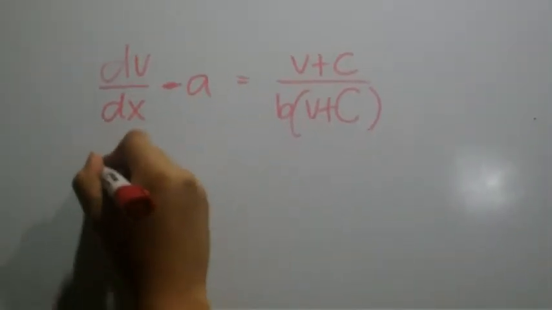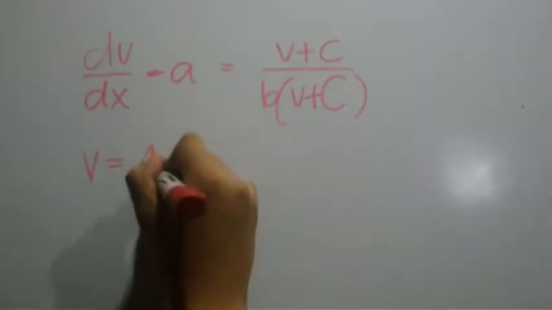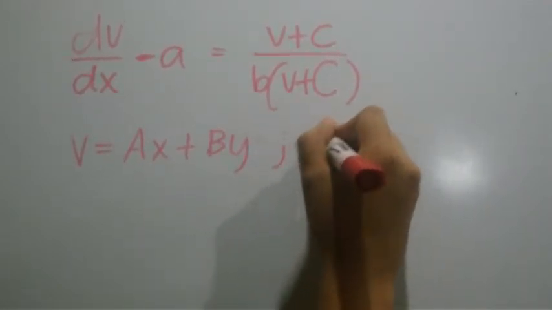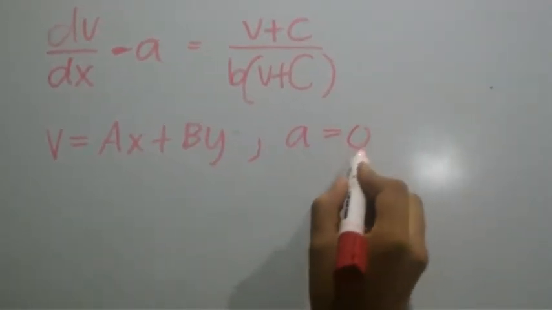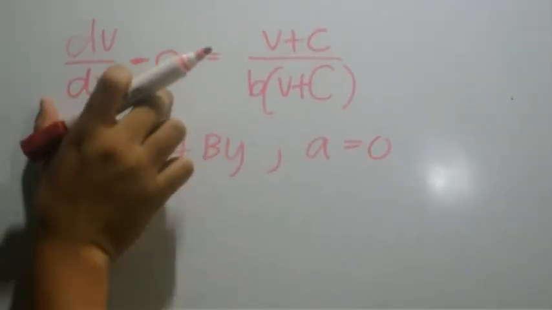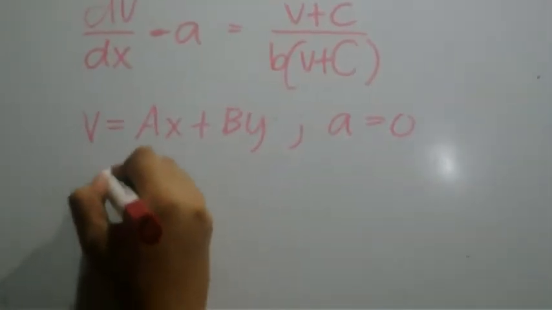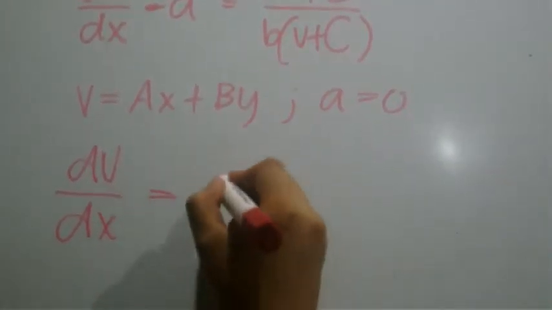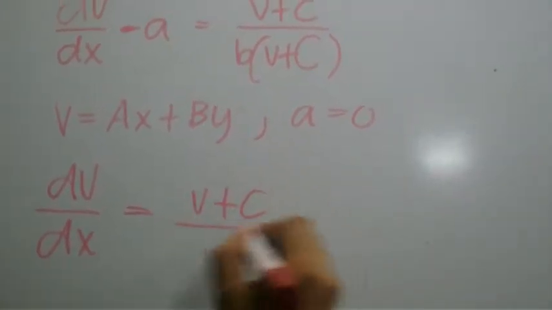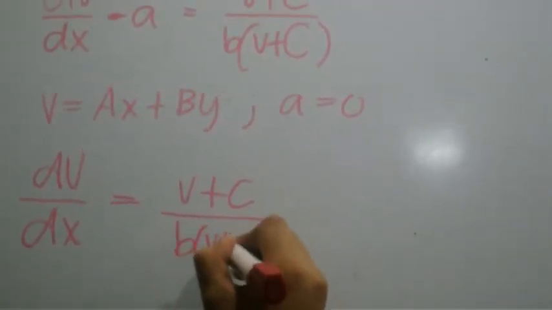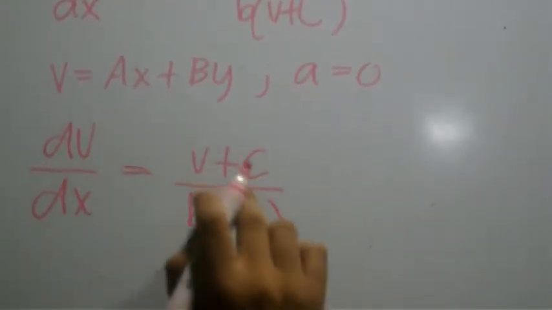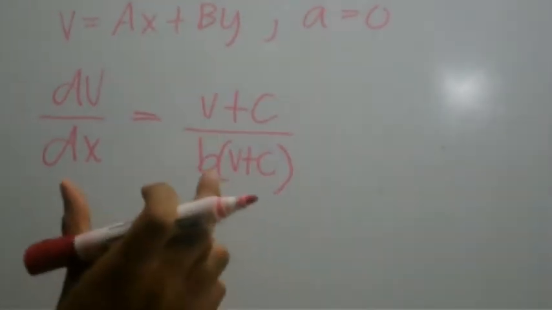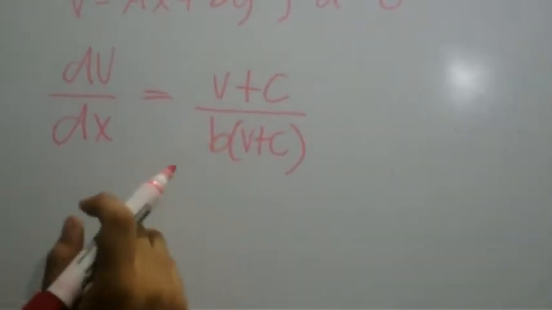Now, from the condition given that v is equal to uppercase Ax plus uppercase By, where a is equal to 0, substituting 0 to the equation, we have dv over dx minus 0 is equal to b times (v plus c) over (v plus uppercase C). And now, we have to combine like variables and separate them.